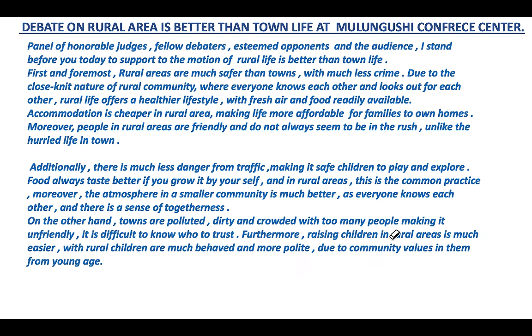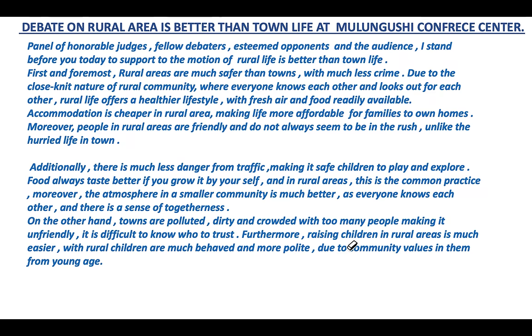I'm picking this point from the given topics. If you look at the topics there, I'm picking this item there: dirty and crowded with too many people, making it unfriendly. Again, it is difficult to know who to trust. That point is also coming from what we are given.